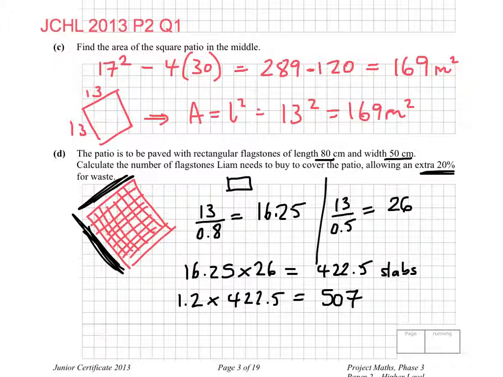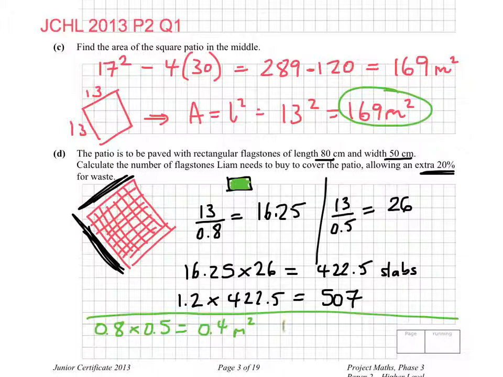Before I finish, I would say that there's an alternative method to that, where we look at the area of one of those slabs. So an area of one of those slabs in meters squared is going to be 0.4 meters squared, and all we want to know is how many slabs of area 0.4 do we have in the total square area of 169 meters squared?